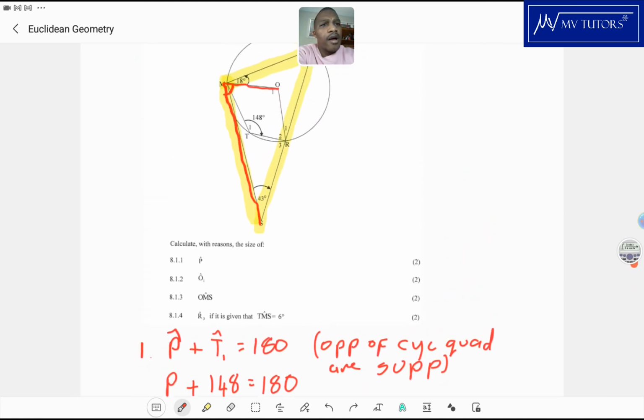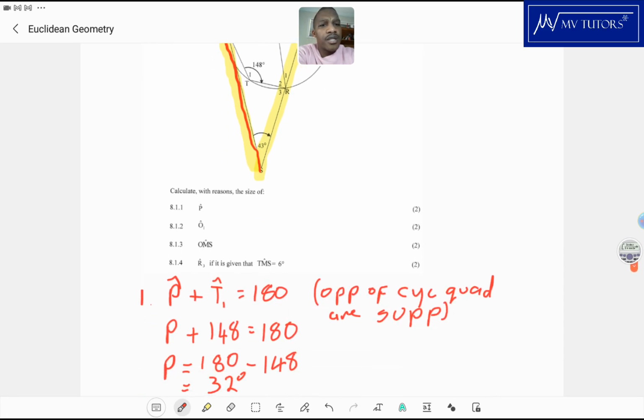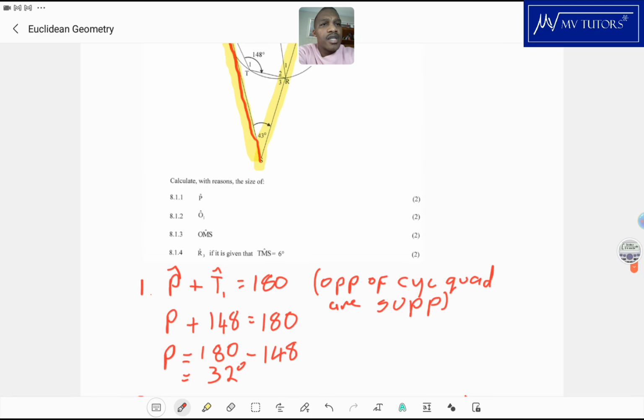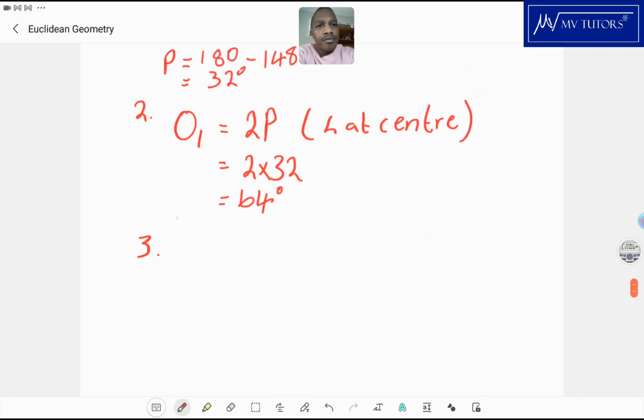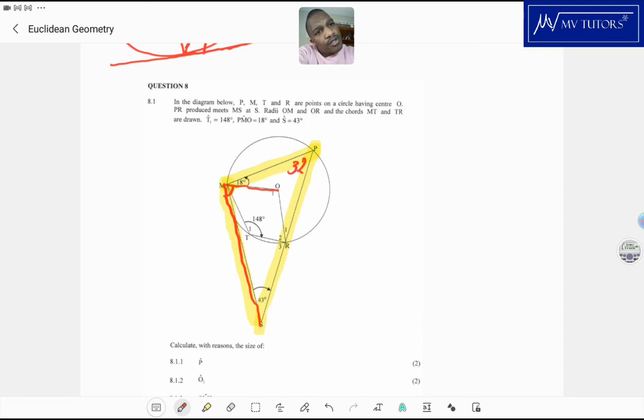So now we can say 43 plus P, remember we calculated it to be 32. Yes, we did. So we can then say 43 plus 32. Now I want you to see something else here. Do you see as part of M we have a little one there, that 18.